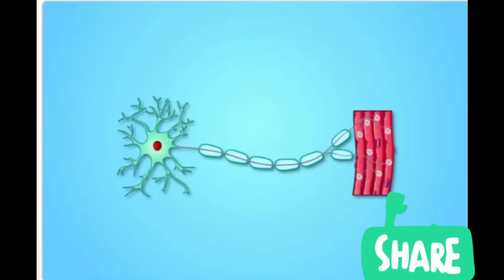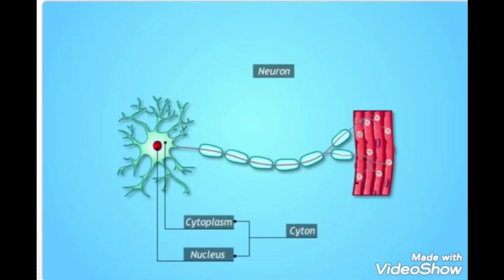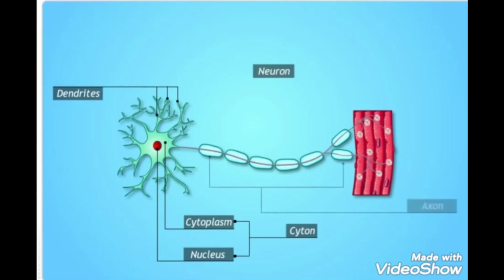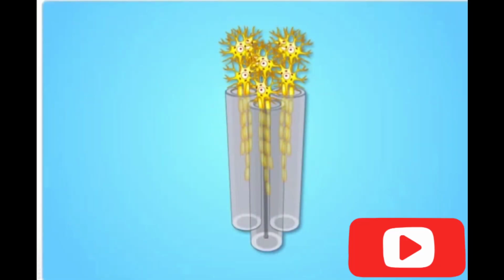Nervous tissue has elongated cells called neurons. Each neuron consists of a cell body with the nucleus and cytoplasm called cyton, and elongated hair-like extensions called dendrites. One of the dendrites, called the axon, is very long. Neurons join end to end to form nerve fibers.